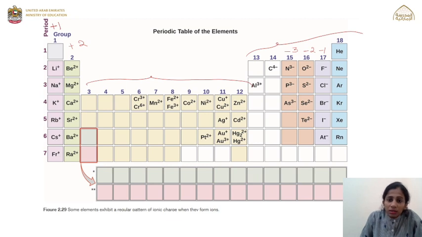Group 14, which has carbon, usually shows molecular compounds, so most of the compounds of carbon will be molecular, but if there are any ionic compound, the oxidation state will be -4, and aluminium in group 13 will show +3 oxidation state. So the periodic table will be given to you in the exam, so you can just write the charges and then it will be easy for you to memorize the charges.